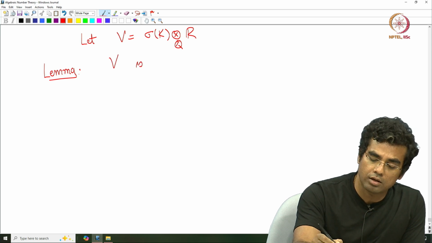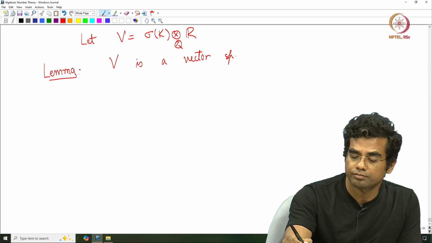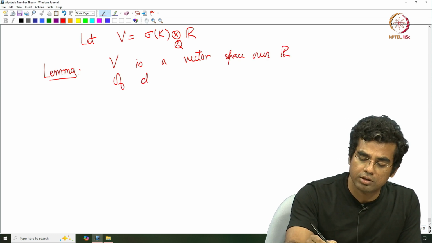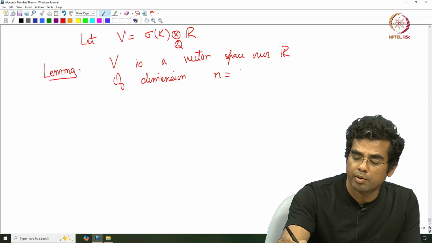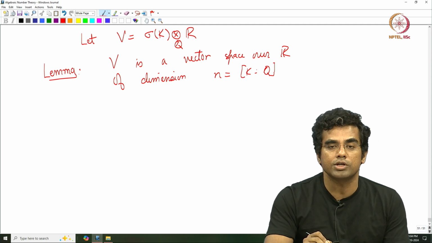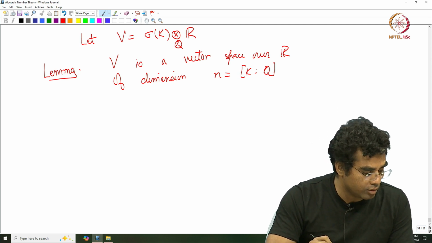Okay. So, V is a vector space over R of dimension n. Remember, n is the degree of K over Q. Okay. I have been using the same notation n throughout, and it is the degree of K over Q.